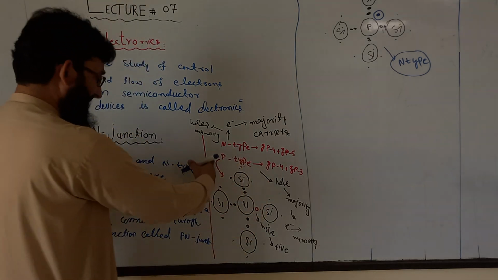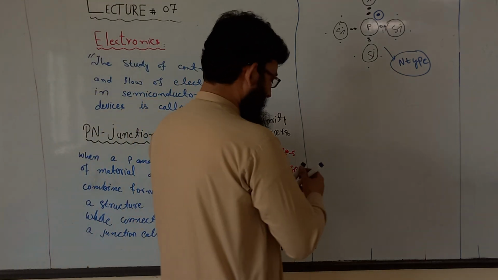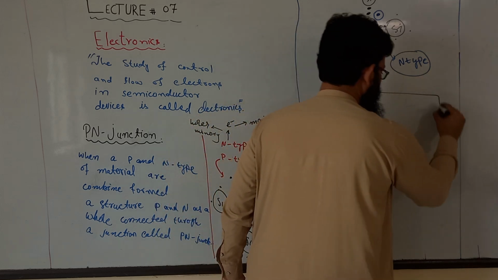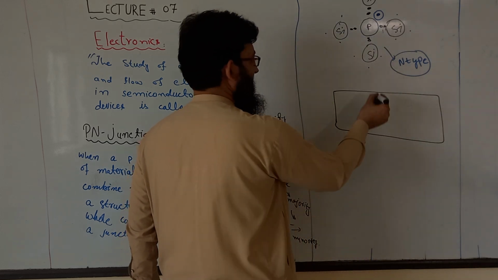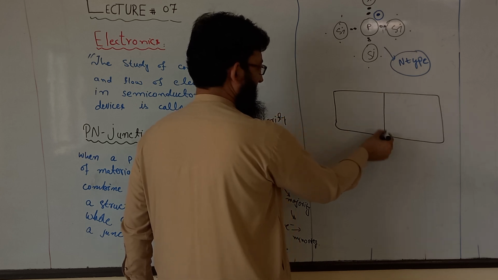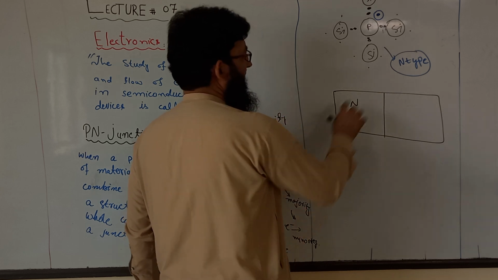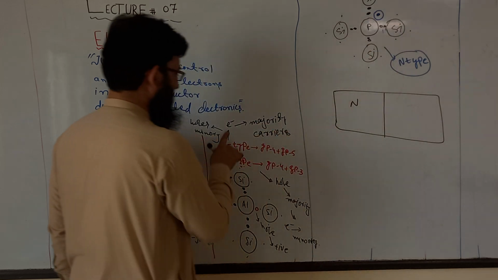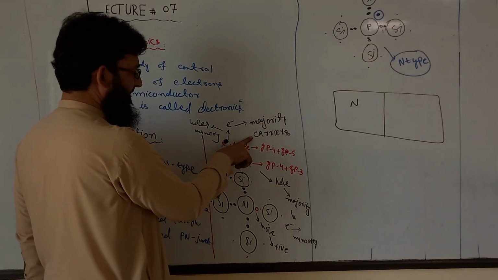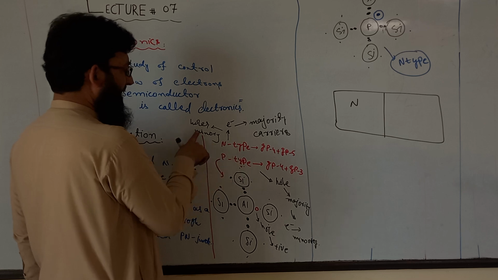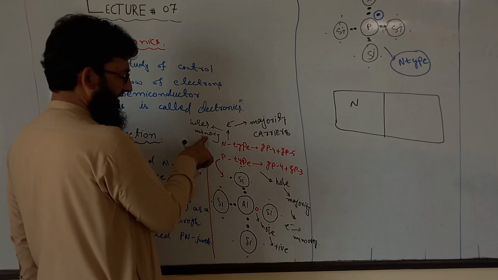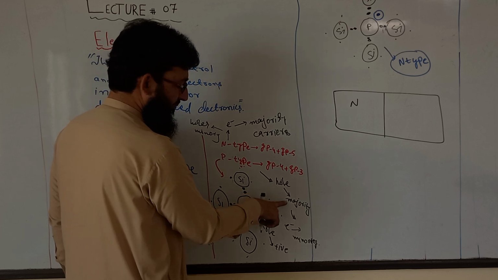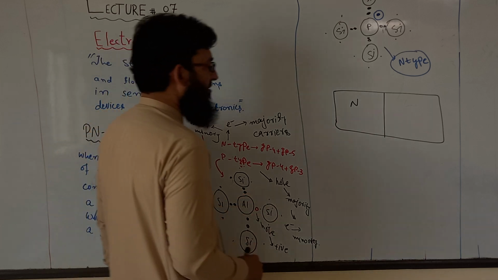Now if we combine this n and p type together, what will happen? If this is n, here in n type, one electron will be in excess, so we can say that electrons will be majority carriers for n type, and holes are minority carriers for n type. Similarly for p type, holes act as majority carriers and electrons as minority carriers.